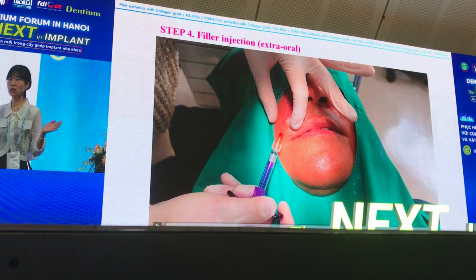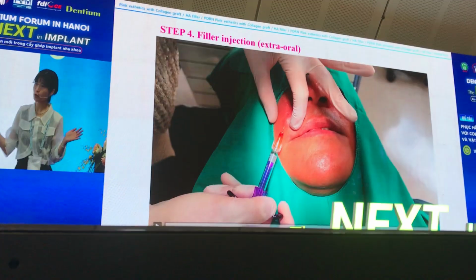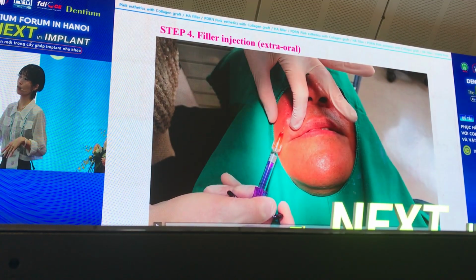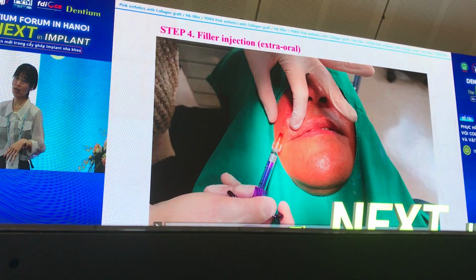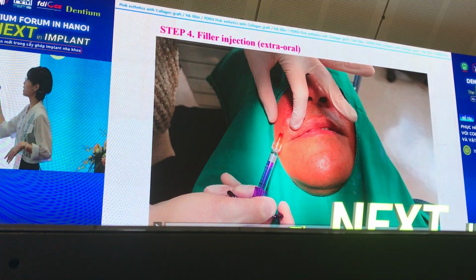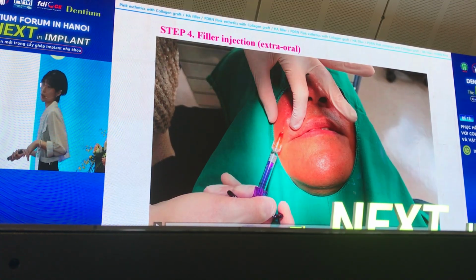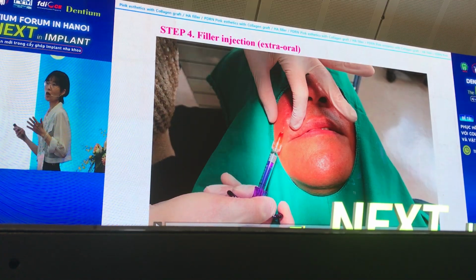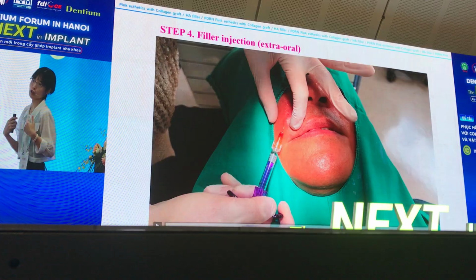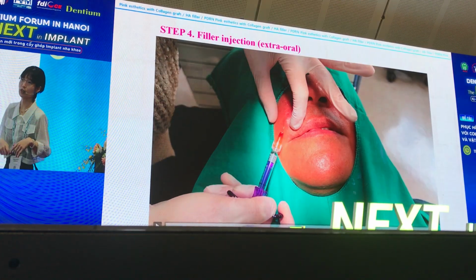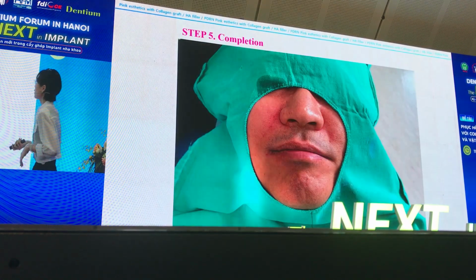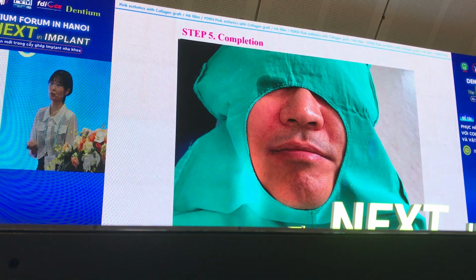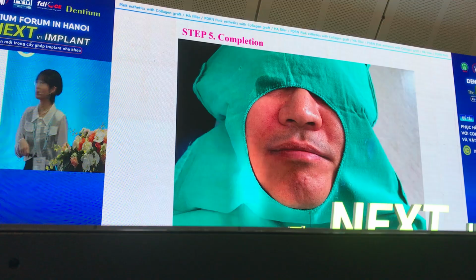The main volume-up is using the volume filler via the intraoral injections, and the minor part is the extraoral injections. You can also do the lateral volume-up using the intraoral injections in the perioral area. So this is the completed appearance, and the patient was very satisfied with the clinical outcomes.